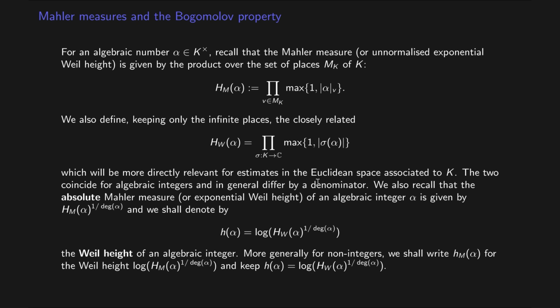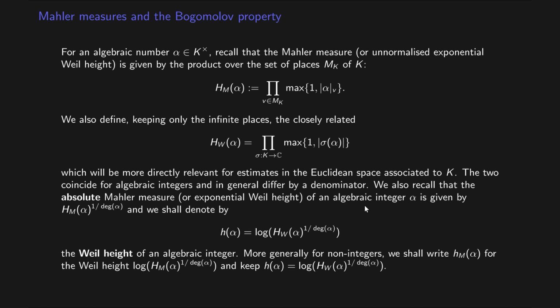For example, if our alpha was an algebraic integer, then the Mahler measure will consist only of this product of contributions from infinite places. The contribution from all finite places will be 1.